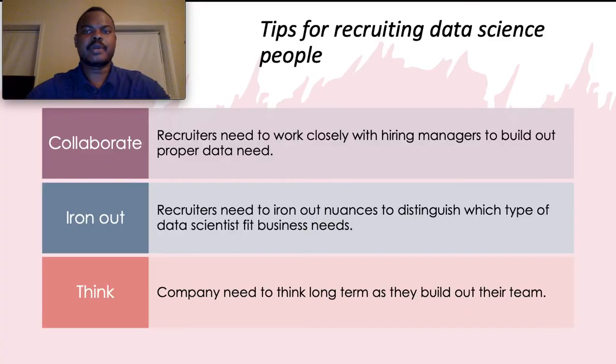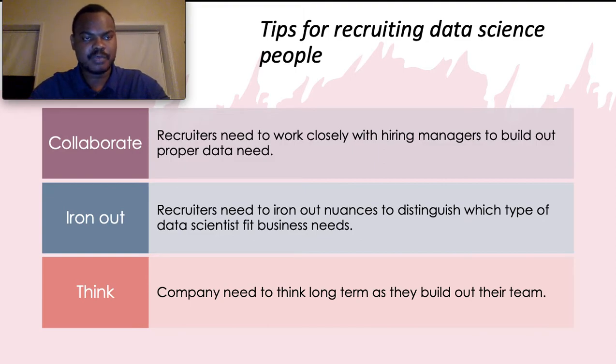So generally, when thinking about recruiting for data scientists, recruiters have to collaborate with managers, right, to be able to know their specific need and to be able to properly address those needs. They need to be able to iron out the nuances, like I showed you, right, the different functionalities within the data science ecosystem.